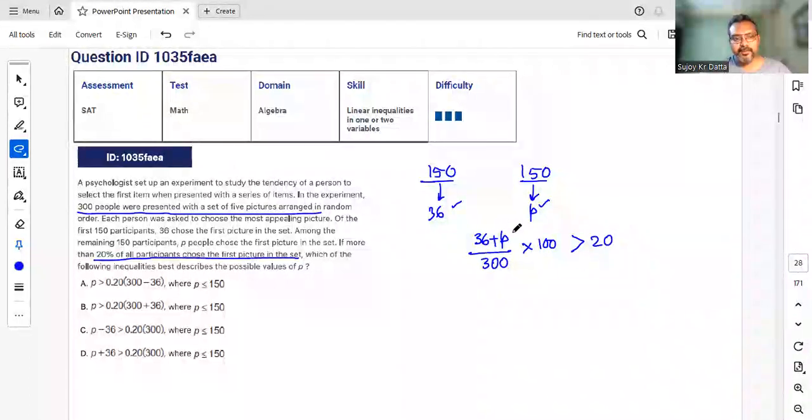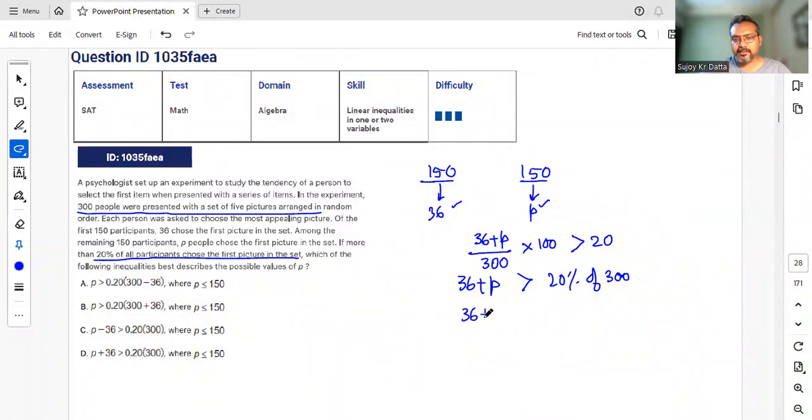So if you want to compute this, what we will basically get is, in other words, 36 plus P, the number of people who have chosen the first picture, is greater than 20% of 300. That is another way of writing the same thing. 20 over 100 times 300, right? So 20% of 300.